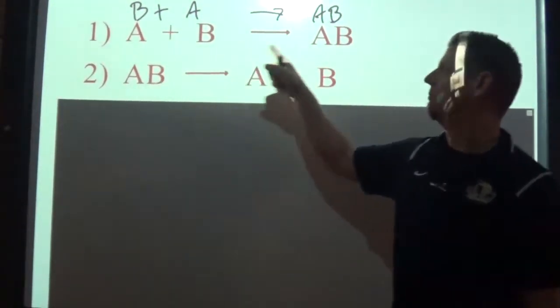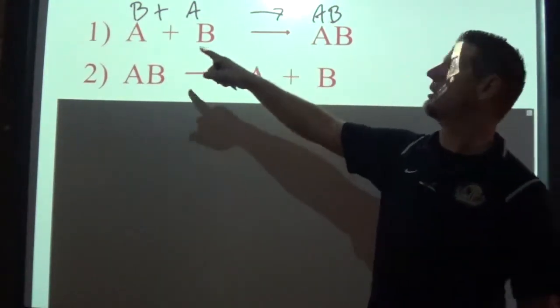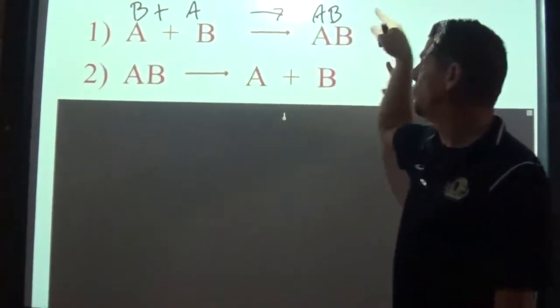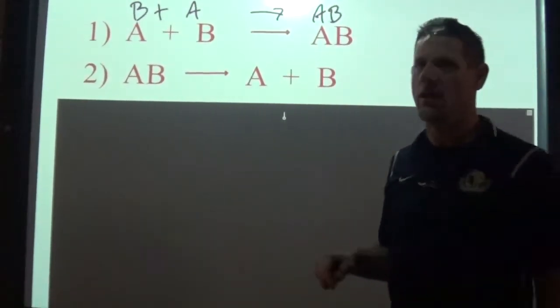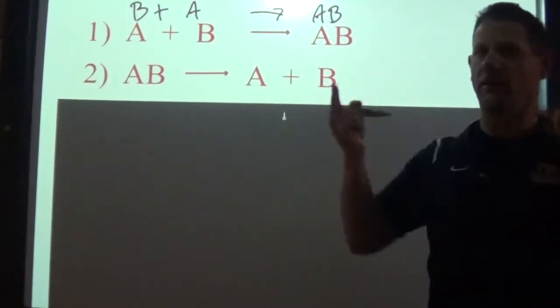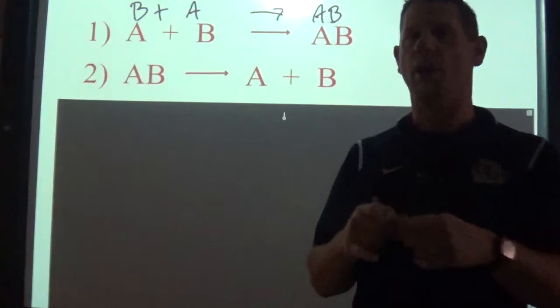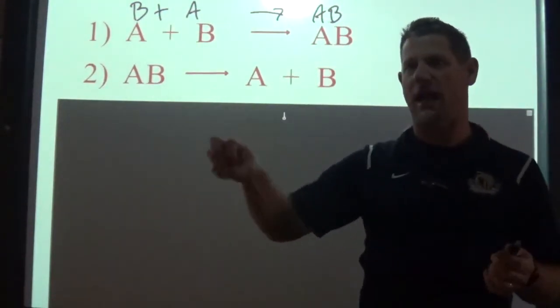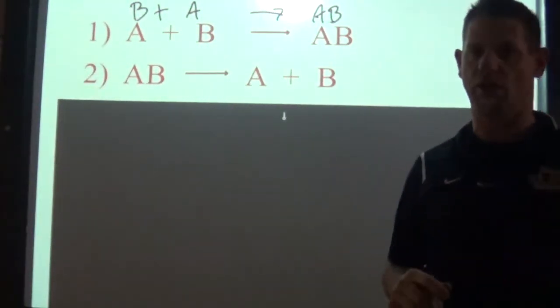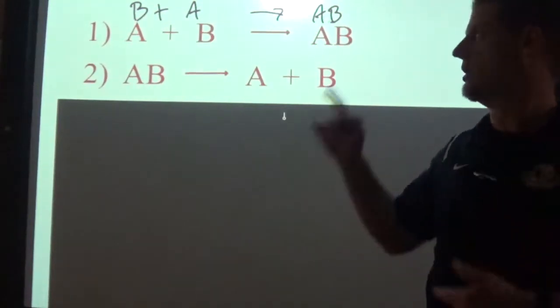One reactant, multiple products. Synthesis is multiple reactants to form one product. All right? So that's those first two. Notice that they're the reciprocal of one another. Synthesis reaction's opposite is decomposition. The opposite of a decomposition is synthesis.